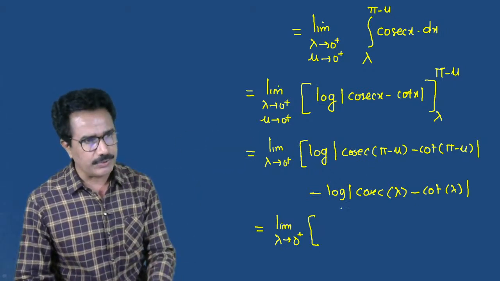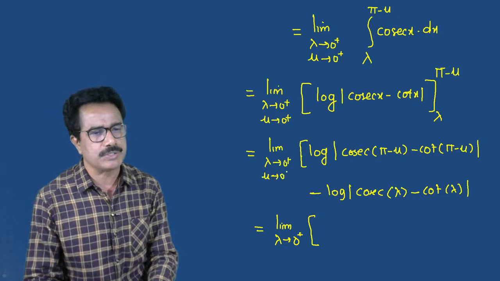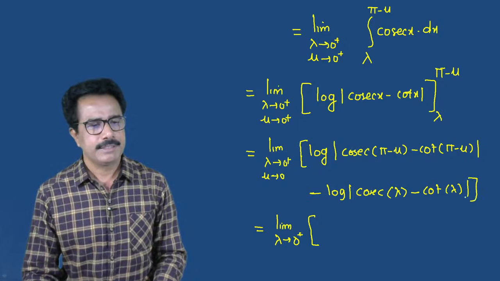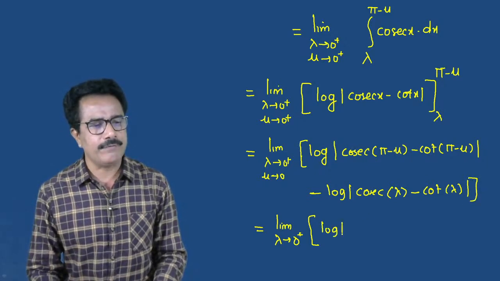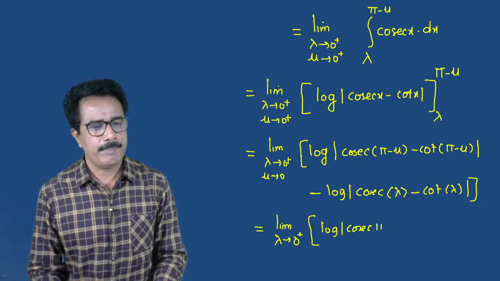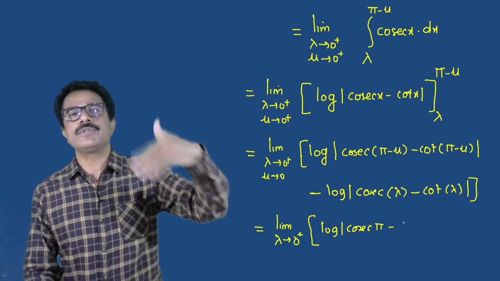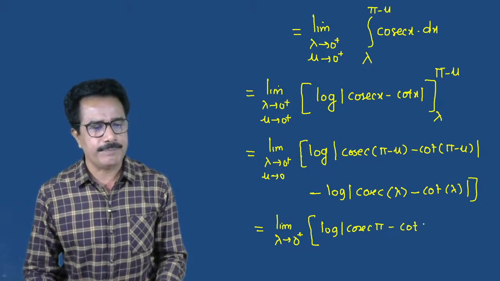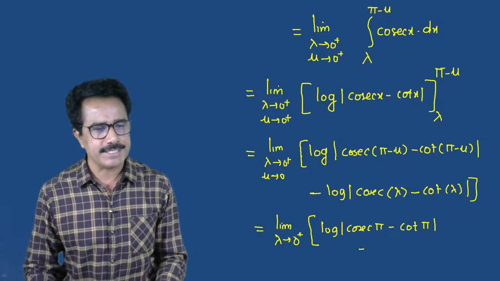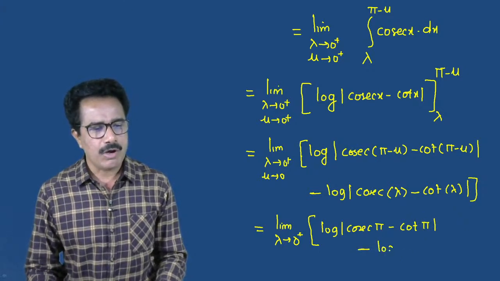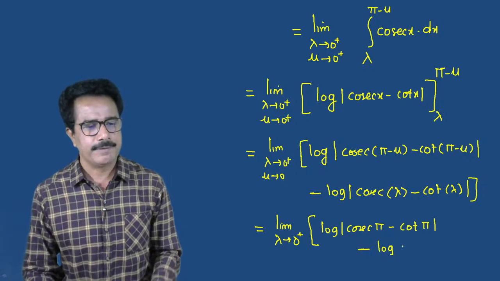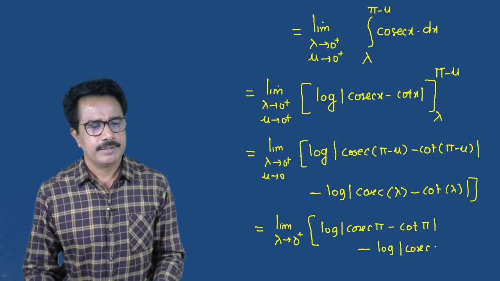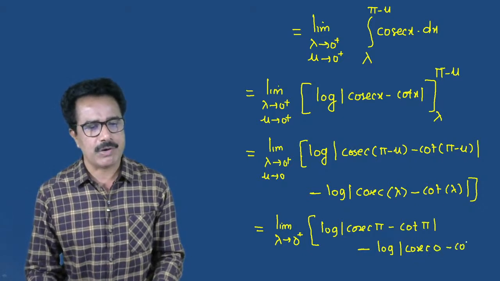If mu tends to 0, lambda tends to 0, then we get log of cosec pi minus cot pi, putting the value of mu as 0 and lambda as 0, minus log of cosec 0 minus cot 0.